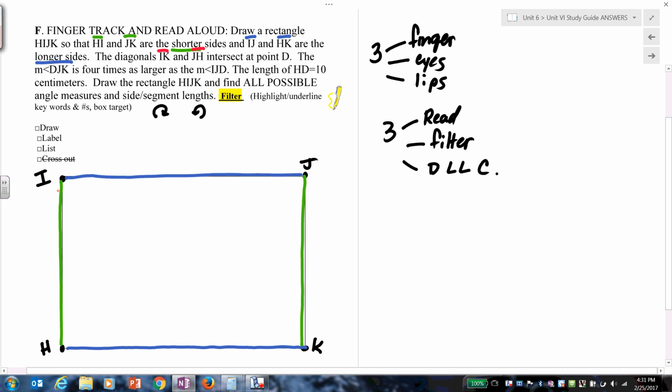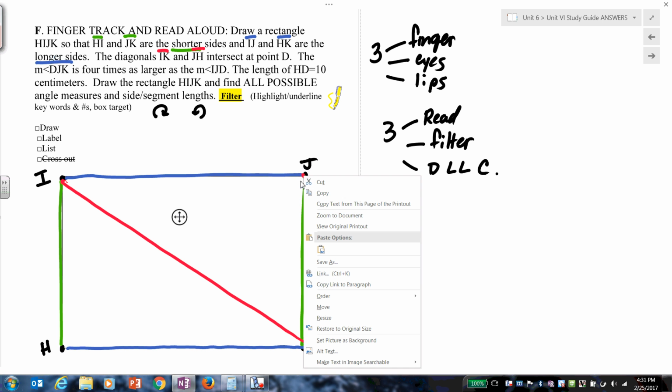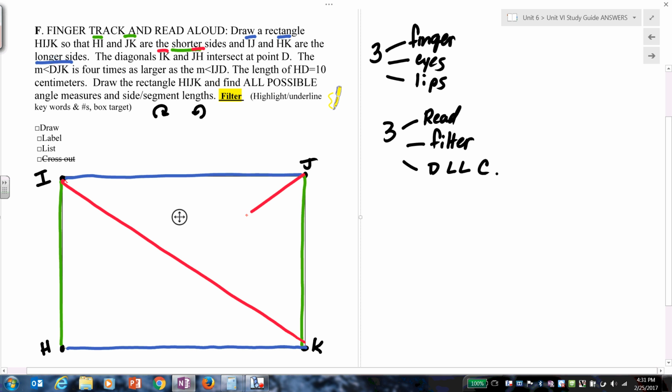IK, diagonal means corner to corner. And HJ. And they intersect at the point D.